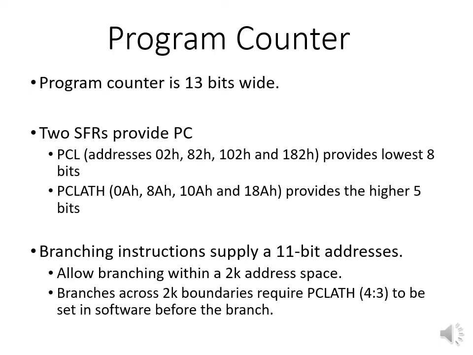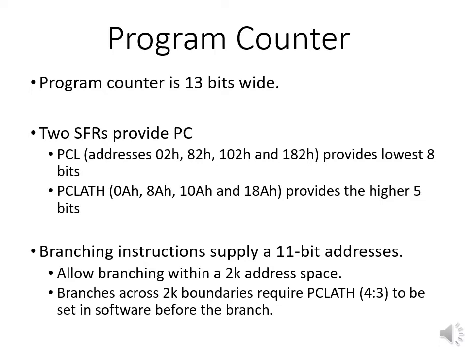PCL provides the lowest 8 bits of the program counter. PCLATH provides the higher 5 bits of the program counter. By design, branching instructions supply an 11-bit address. This means that out of the required 13 bits for the whole memory, only 11 bits are supplied by the branching instruction. Therefore, branching instructions will only allow branching within a 2K address space.